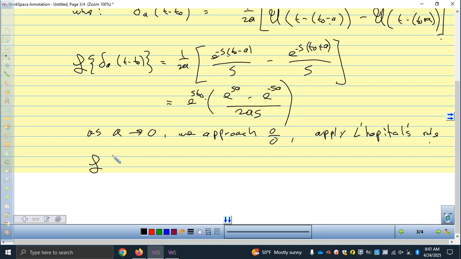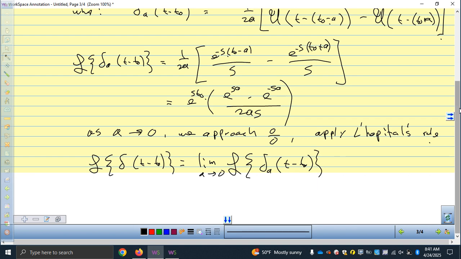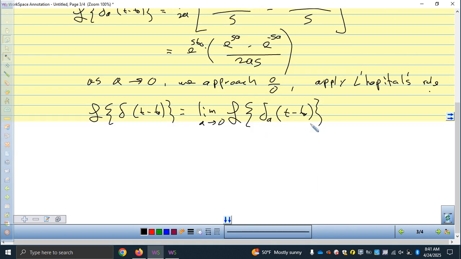So we're saying the Laplace transform of the Dirac delta function equals the limit as a approaches 0 of the Laplace transform of the unit impulse function. And we've just found this part.